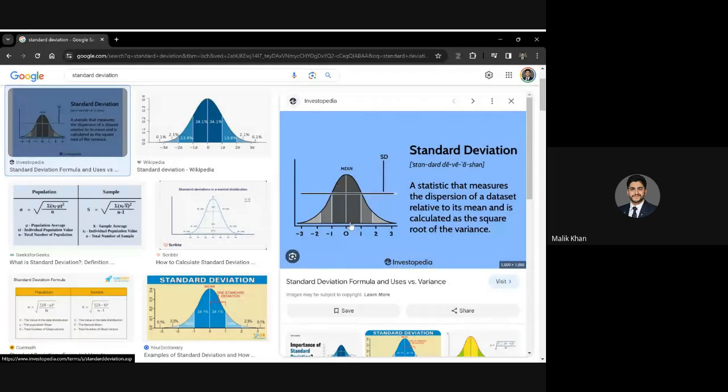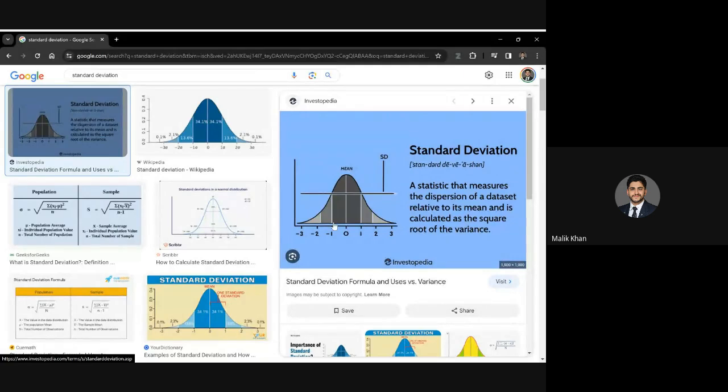So what it means is that almost 68% of the people in the general population will have an age which is within one standard deviation of the mean. For example, the mean age is 50 and standard deviation is 10. It means 50 minus 10 is 40, 50 plus 10 is 60.